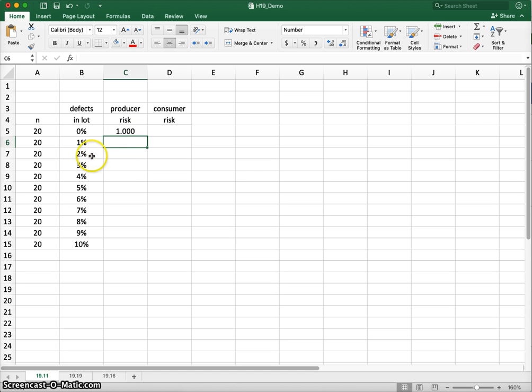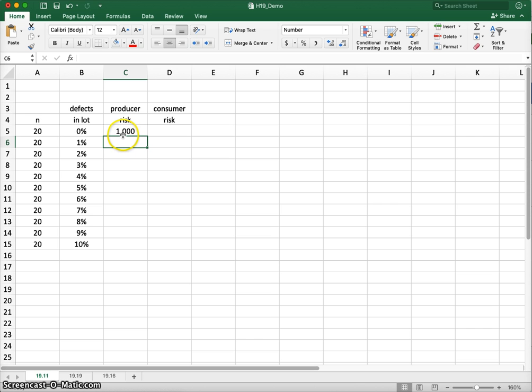Now, what this means is I take a sample of 20. There are actually 0 defects. There's not a single defect in the whole truckload, in the whole lot. But on our sample of 20, we actually find one.